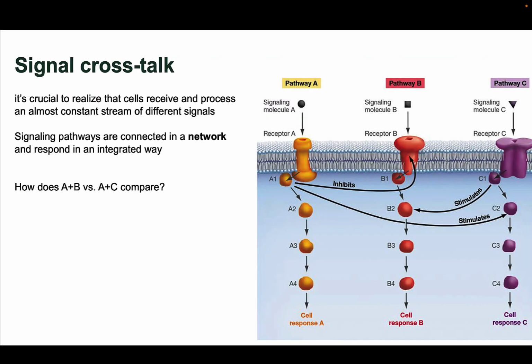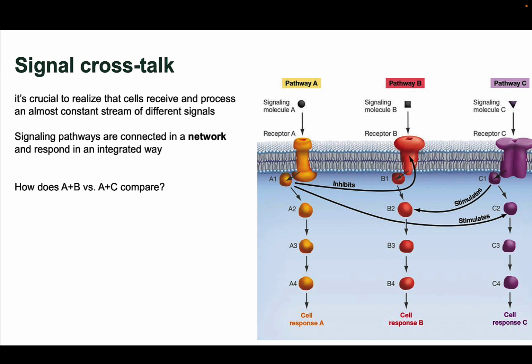Okay, so the last thing I'll talk about is this idea of signal crosstalk. It's really important to realize that in multicellular organisms, a single cell isn't receiving a cue from one ligand alone. So, for example, a cell may be sensing epinephrine at the same time as it's sensing testosterone or estrogen or a bunch of signals, and it has to connect and integrate these signals to respond appropriately.